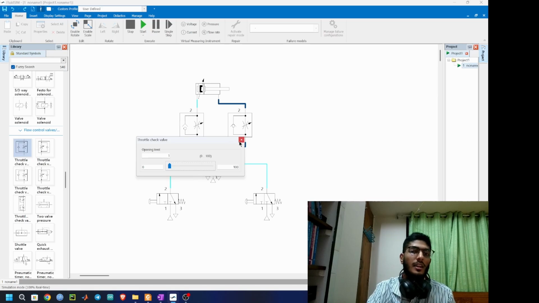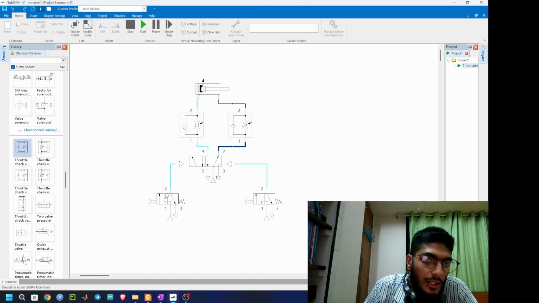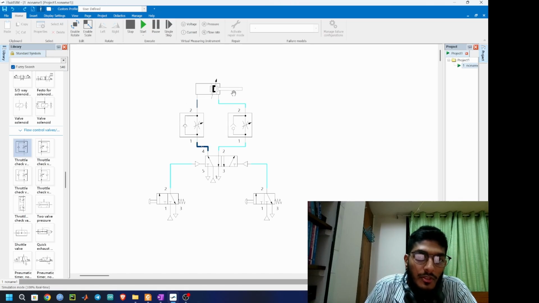And one thing I would like to mention is that this particular circuit has a name. So watch here. When I am pressing this button, it is moving slowly, okay, but what kind of restriction is there?